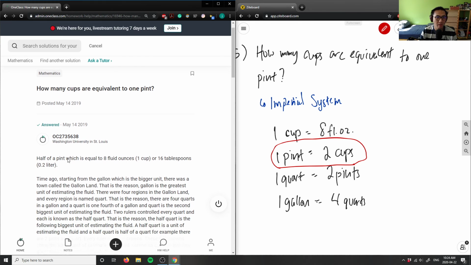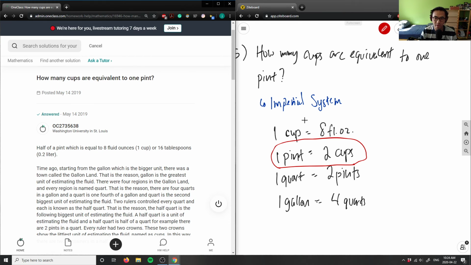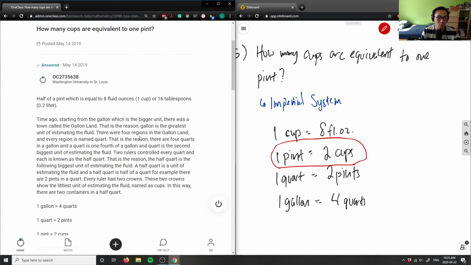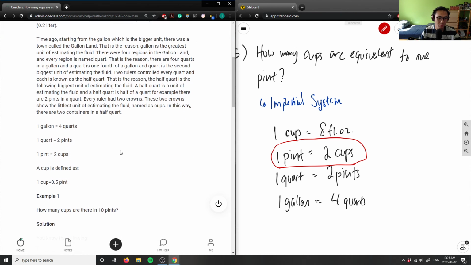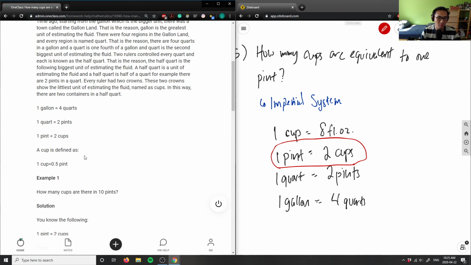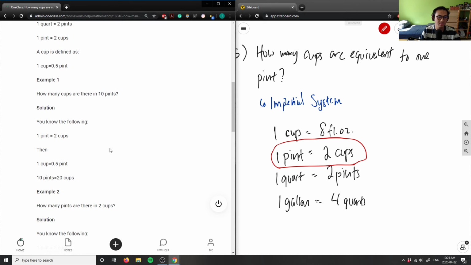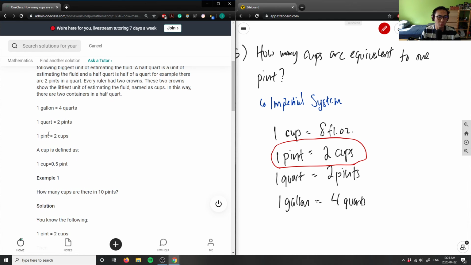It says here, half of a pint, which is equal to 8 fluid ounces or 16 tablespoons. Half of a pint equals 1 cup. Okay, but I need to know what 1 pint is. A cup is defined by 0.5 pints, so 1 pint equals 2 cups.